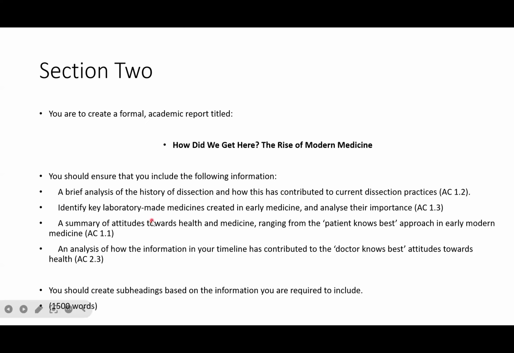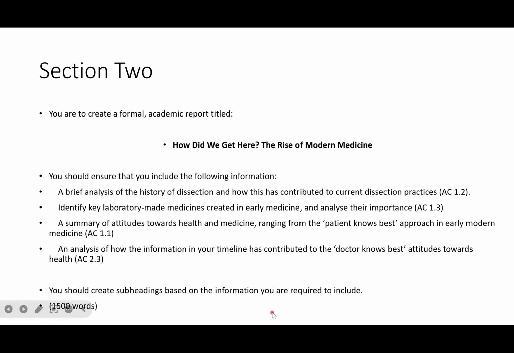Second, identify key laboratory-made medicines created in early medicine and analyze their importance. The third bit is a summary of attitudes towards health and medicine, ranging from the patient-knows-best approach in early modern medicine. The fourth bit is an analysis of how the information in your timeline has contributed to the doctor-knows-best attitude towards health.